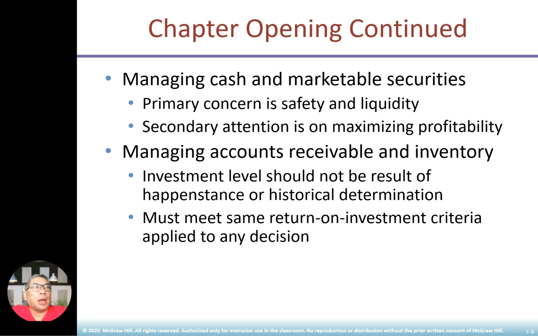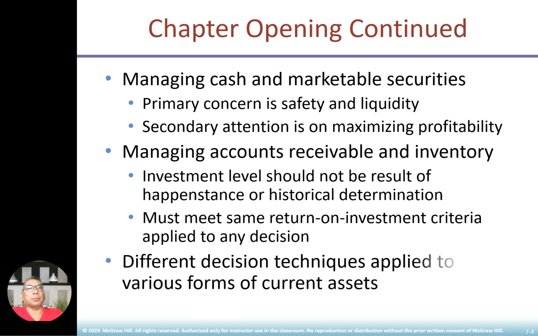Some companies factor their accounts receivable to receive cash at a faster pace. This mainly happens in the mortgage industry and other high turnover AR companies. Different decision techniques are applied to various forms of current assets.